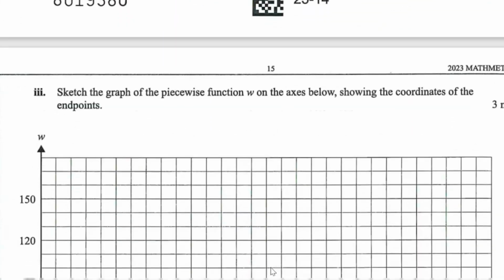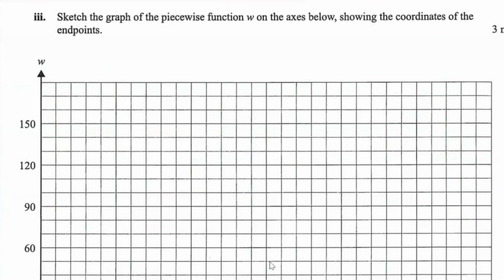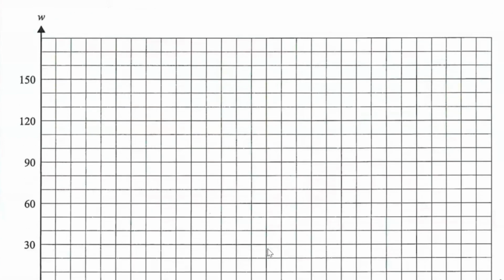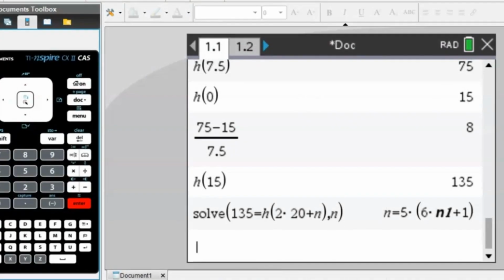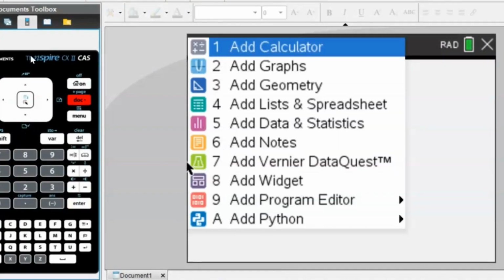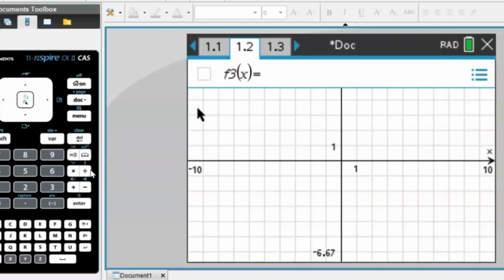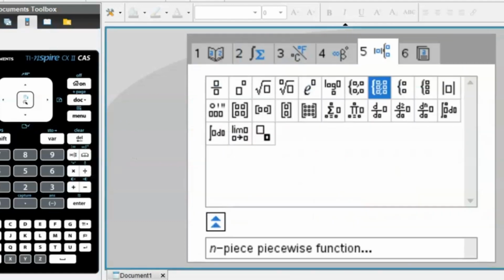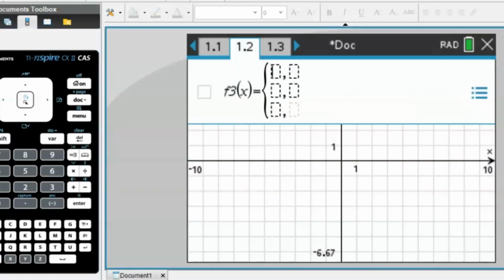Alright, so sketch the graph of the piecewise function w on the axis below, showing the coordinates of the endpoints. Alright, now we have to play around with this one here. So let's go back to the CAS. So menu, doc, press the catalog to get the piecewise functions.